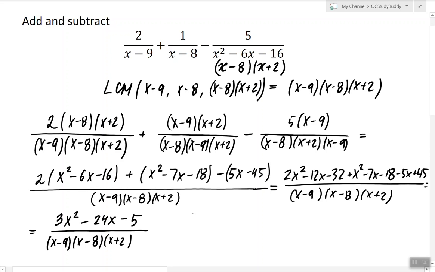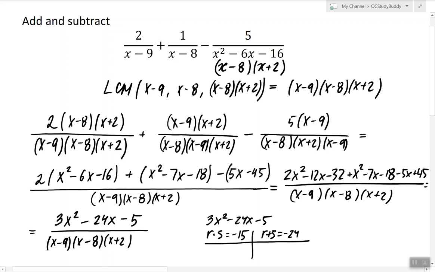Now, in order for me to make sure that this is in the simplest form, I have to factor 3x squared minus 24x minus 5 and see if it has any common factors with the denominator. So we're looking for two numbers whose product is negative 15, but whose sum is equal to negative 24.